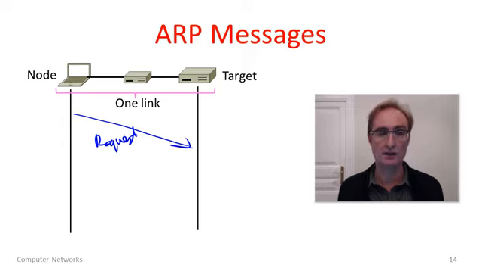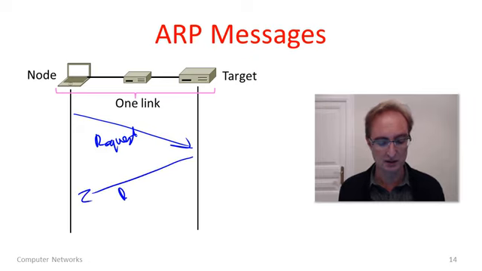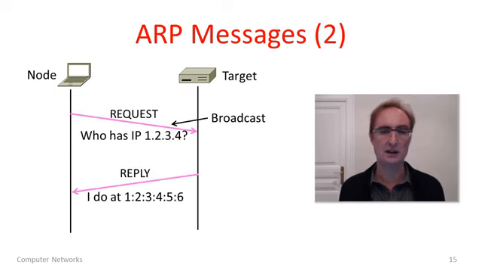Everyone will get it. The request is going to be looking for the Ethernet address that corresponds to a certain IP address. Whoever has that IP address will get the packet, say, oh, someone wants to know my Ethernet address, look up what their Ethernet address is, and send it back to them in a reply. So here's that cleaned up. And I've also shown you the conventions for what these messages contain. The request usually is viewed as a who-is message.